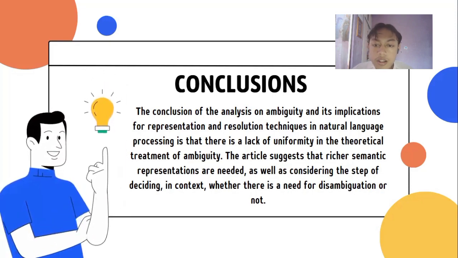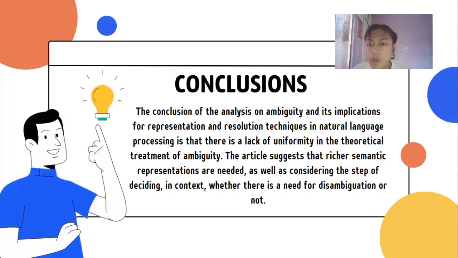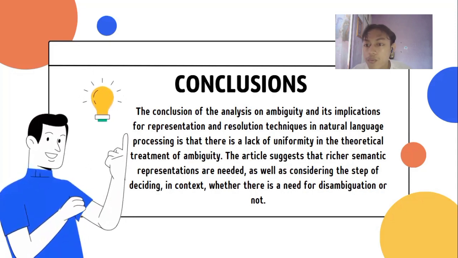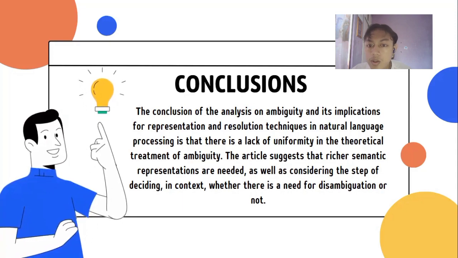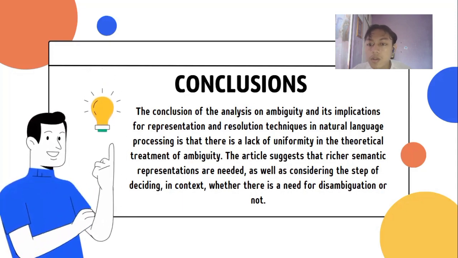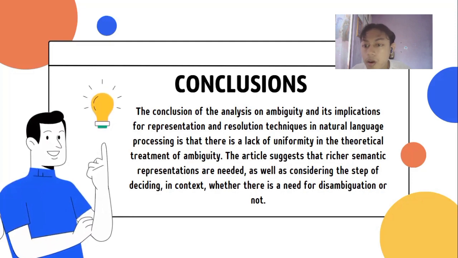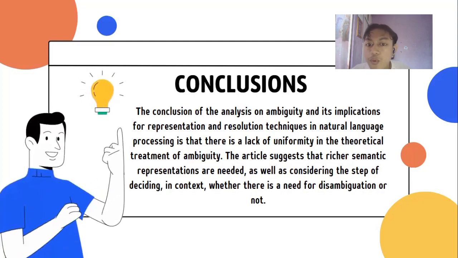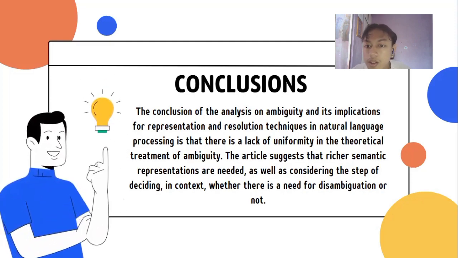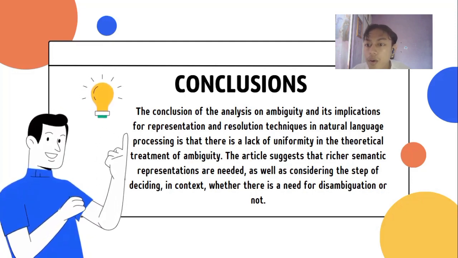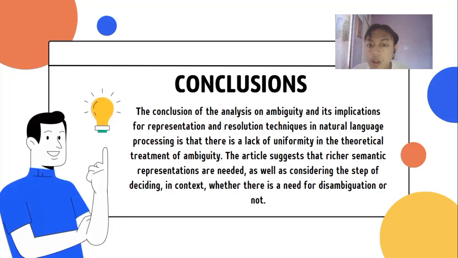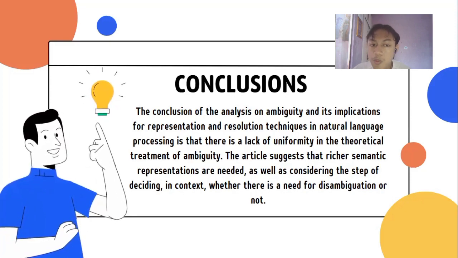It also highlights the importance of not over-specifying the semantics of terms and suggests the use of subsets of sense for resolution when possible. Overall, the paper emphasizes the need for theoretical analysis to identify challenges and provide insight for overcoming them in the field of ambiguity in natural language processing.